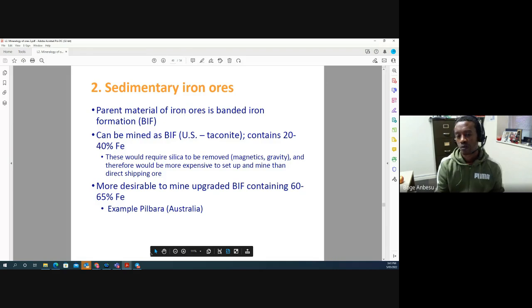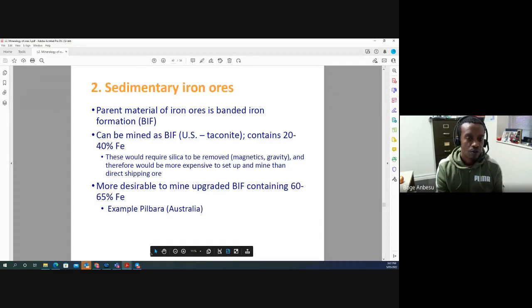There's still a lot of silica and silicate material in it, so the processing involved is to first get rid of the silica material. You could use magnetic separation because the magnetite is magnetic, or gravity separation because the silica is lighter, so you can get rid of it. Once you do that, you can take the iron concentrate and smelt and produce steel.